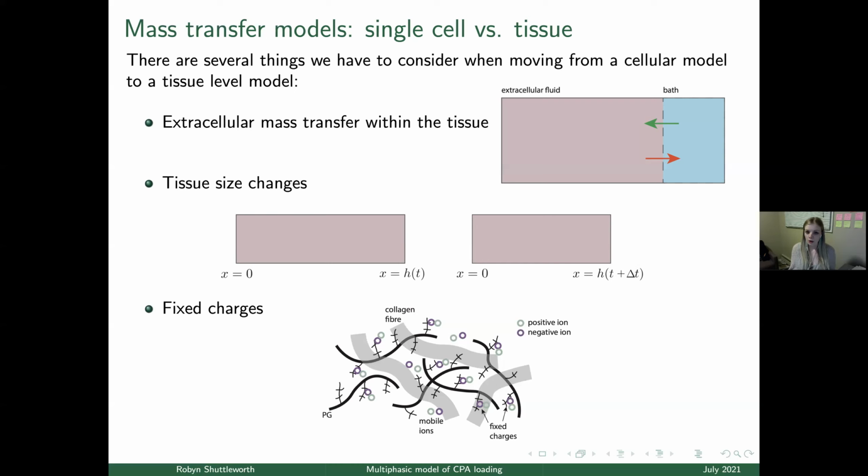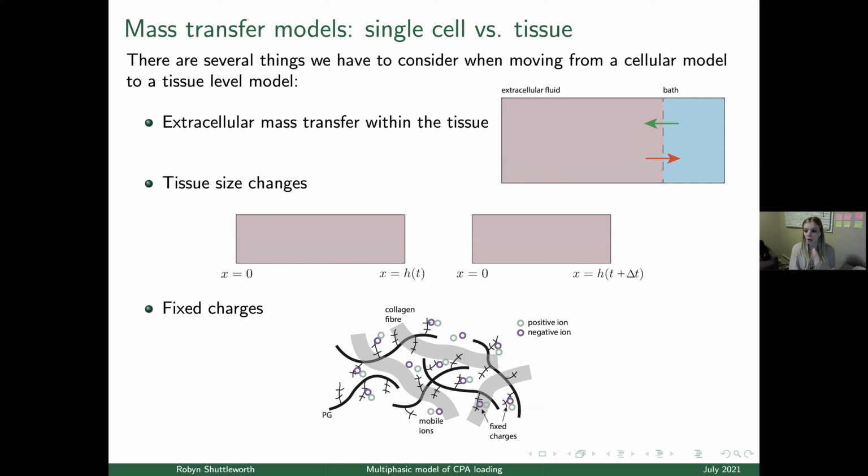And these make us need to set up an uneven or unequal distribution of ions inside and outside of the tissue. This unequal distribution of ions has implications for the mass transfer of all the substances within the tissue. So when we're moving from single cell to tissue, we want to consider these 3 different things.